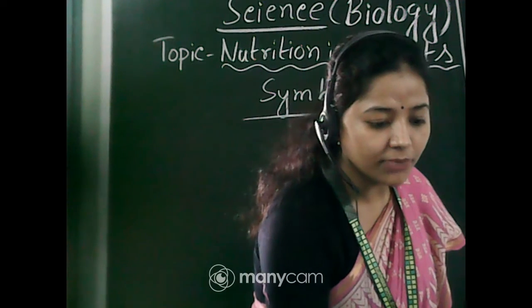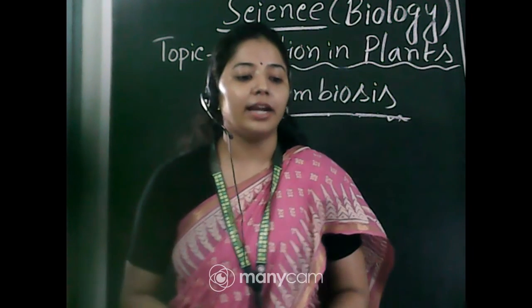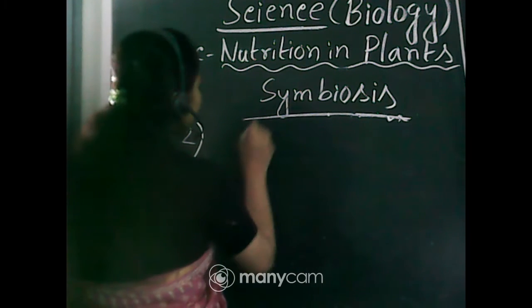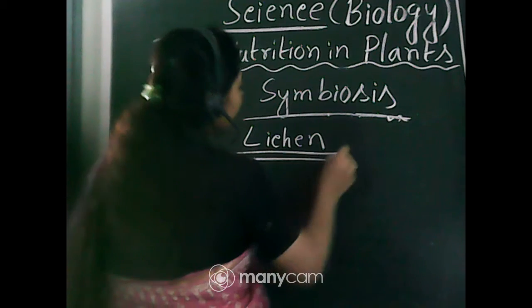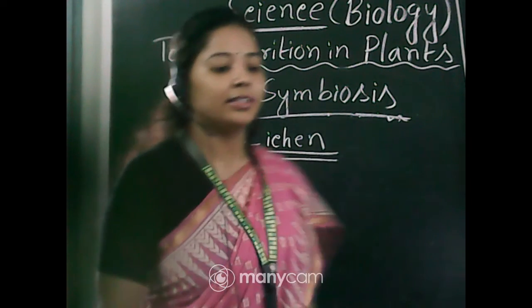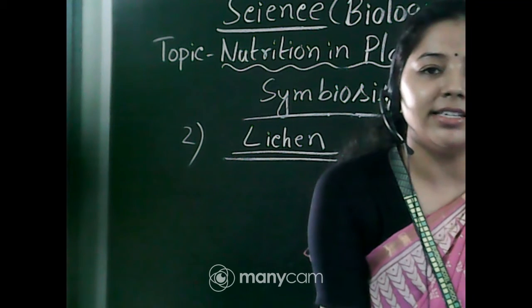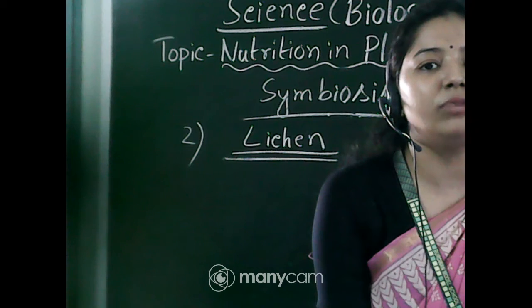Now the second example of symbiosis is a new organism known as lichen. Now what is this lichen? Lichen is an association, a mutual relationship between two organisms.